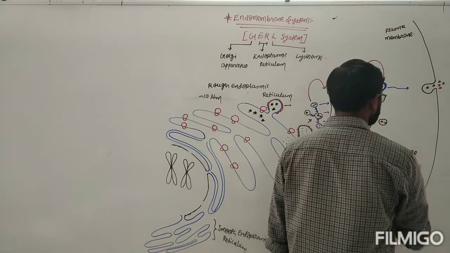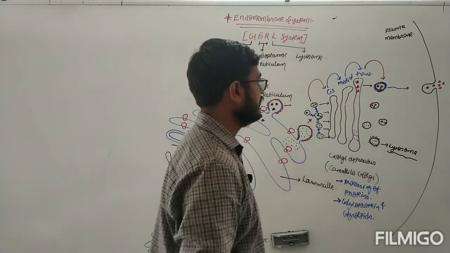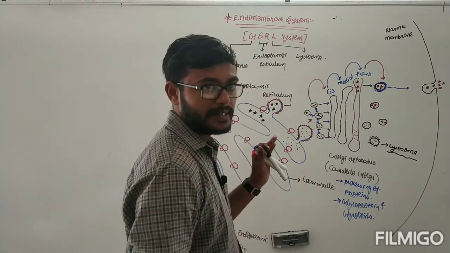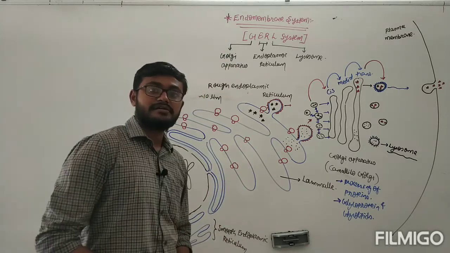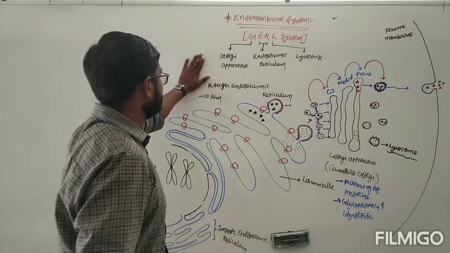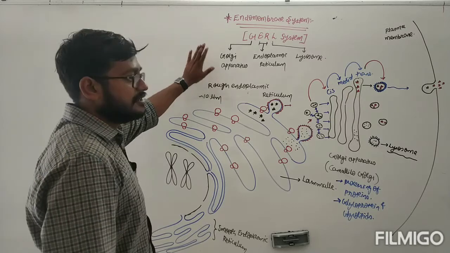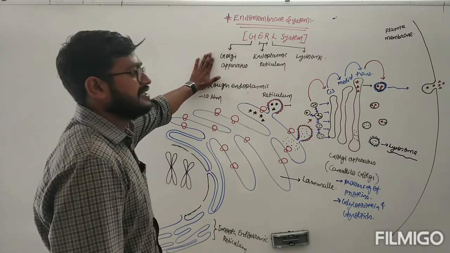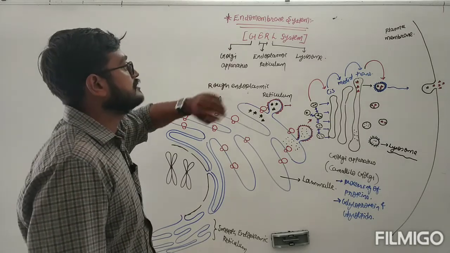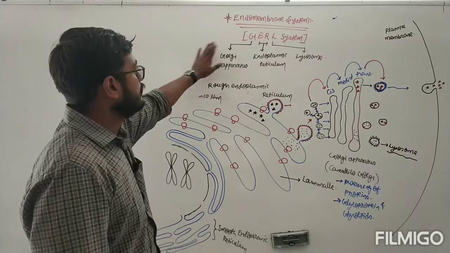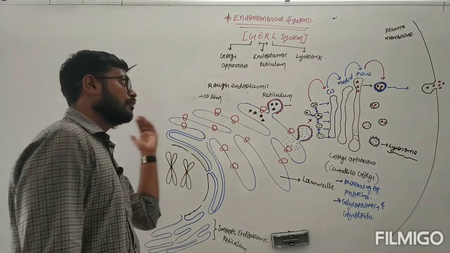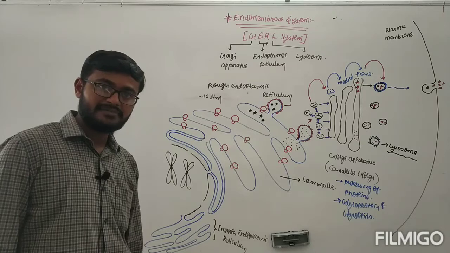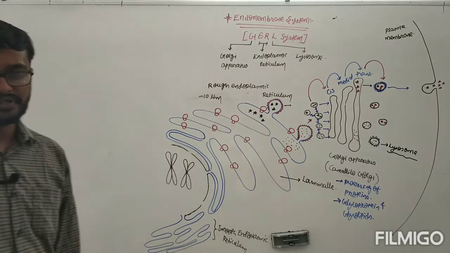We are going to learn in detail what the lysosome is. So this was the important structure. Most of the time in competitive examinations, questions are asked in sequence on the GERL system, or we can also call it the endomembrane system. So look at the whole process for a while, and then we are going to move forward.